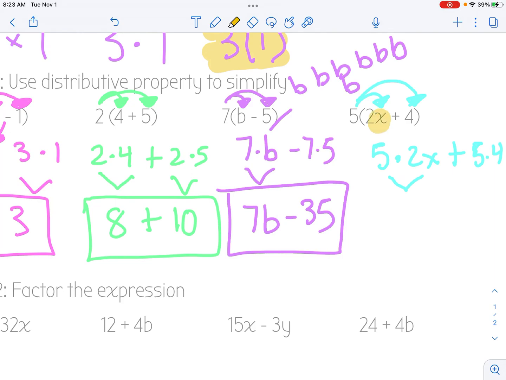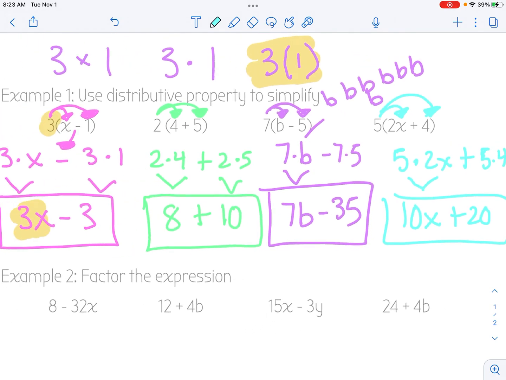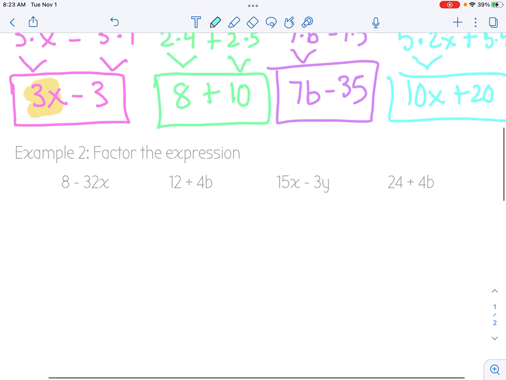And so a lot of times we use x. So it's kind of confusing to put an x as a multiplication sign. So you guys are going to see me use our dots a lot more. So 5 times 2 is 10, and I need to include that x. Plus 5 times 4 is 20. So my final answer is 10x plus 20. So that is distributing. Let's try factoring.